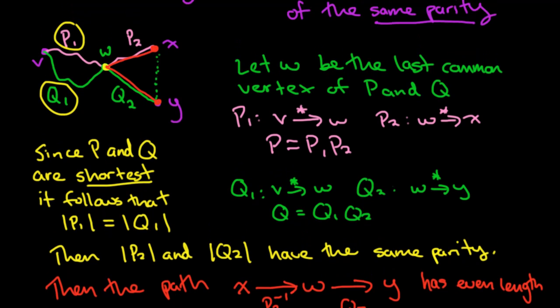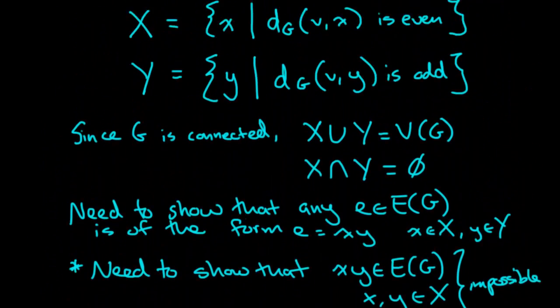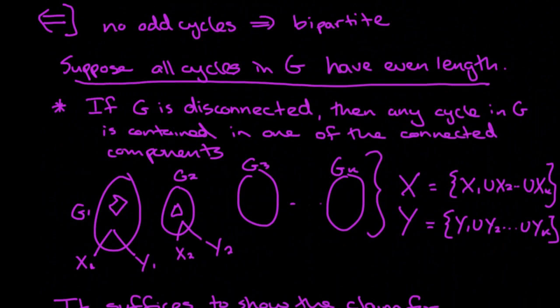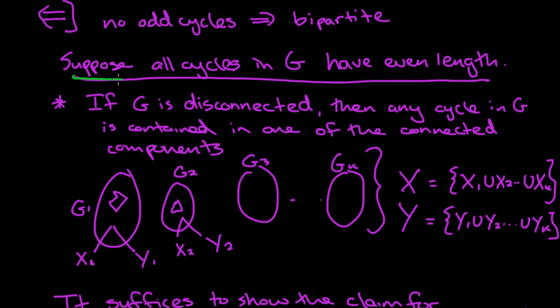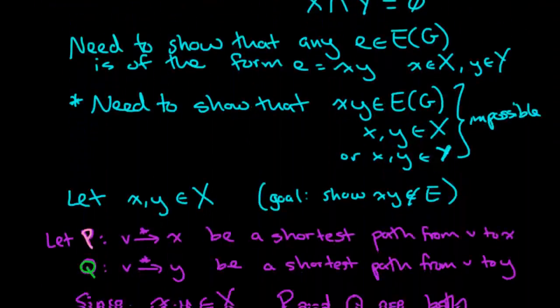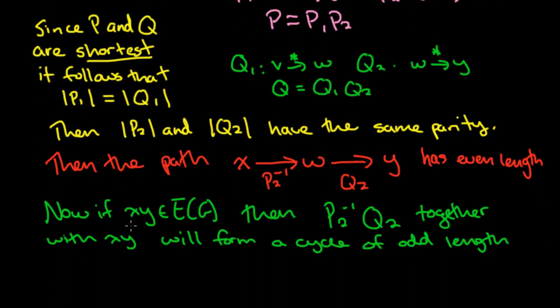And what do we know about the graph? Well, let's go back to the very beginning: every cycle of the graph has even length. That's where we started. So if every cycle in the graph has even length, we can go through this whole process and show that any edge between two vertices in the same partite set cannot be an edge.